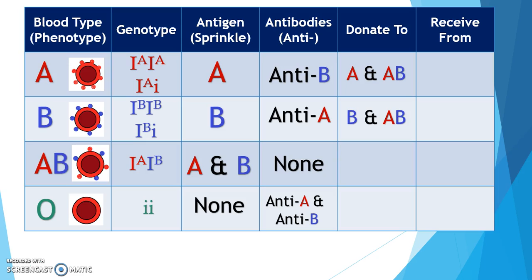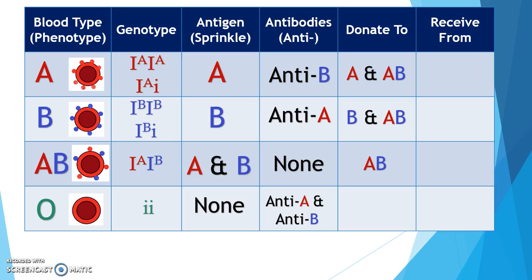Now, an individual who is AB blood type, since they have both antigens or both sprinkles on them, can only donate to another person who can receive both antigens. And the only blood type that can receive both is a person who is AB.